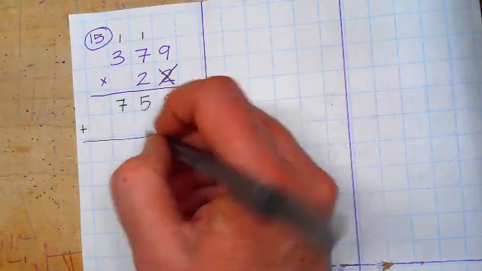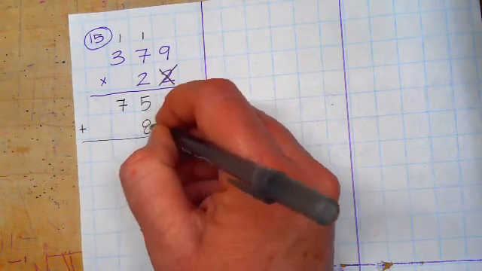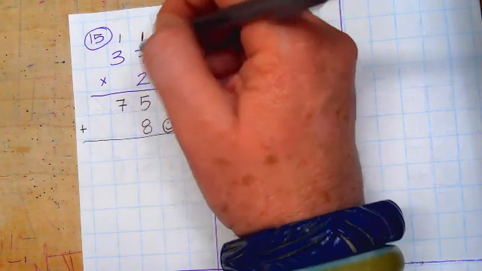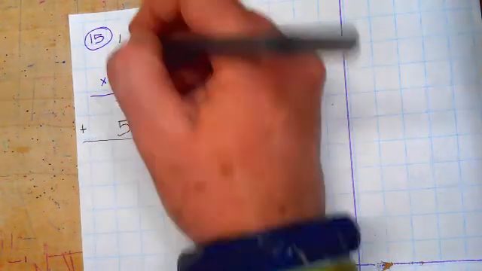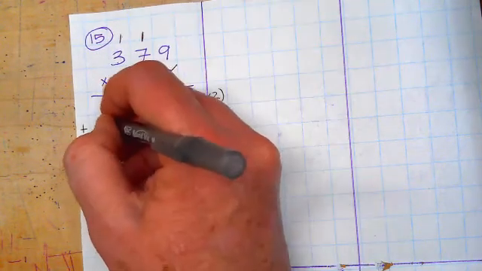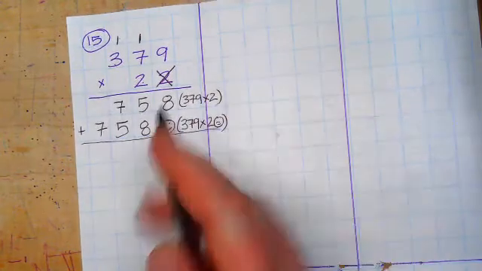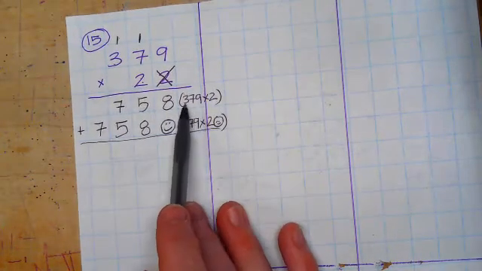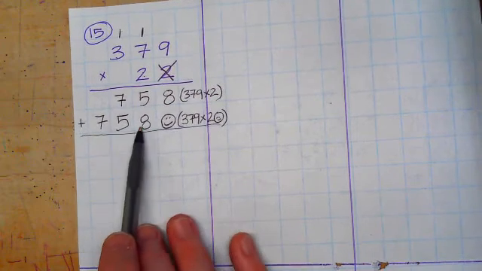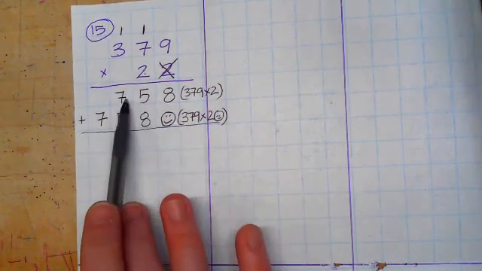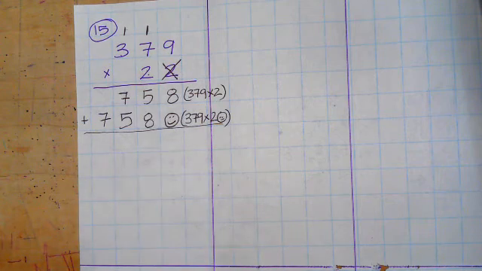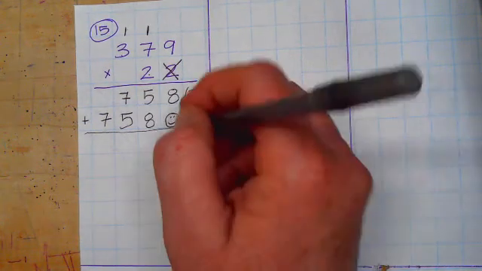Super methodical. 9 times 2 is 18. I already have my 1 up here. 7 times 2 is 14, plus 1 is 15. I already have my 1 up here. And 3 times 2 is 6, plus 1 is 7. So you can see this is 379 times 2. This is 379 times 20. So it's 758, 758 plus a 0 on the end, right?